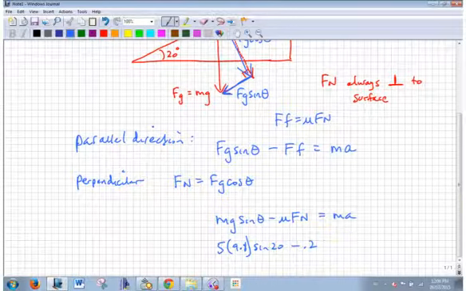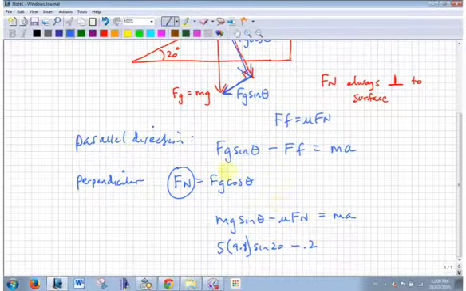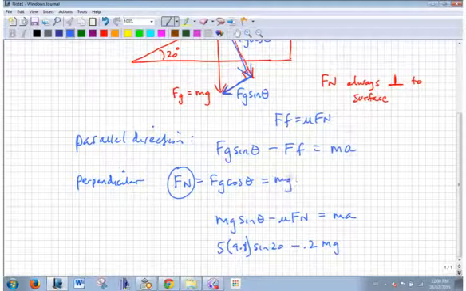Okay, Fn is right there. I can solve that thing for Fn. So you can do that. You'll probably do that and get a number, but I'll just substitute that in there. Fn is mg cosine theta.